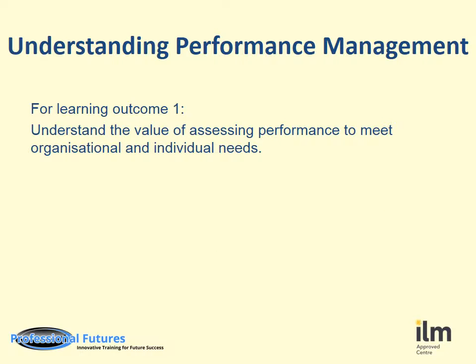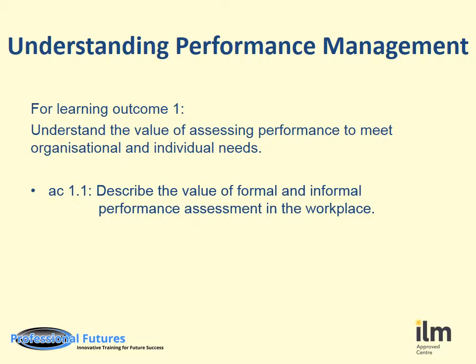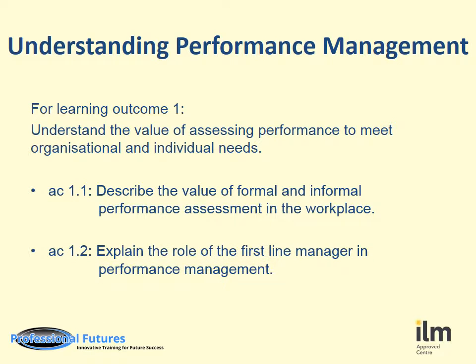Learning outcome 1, which is understand the value of assessing performance to meet organisational and individual needs, is split into 2 assessment criteria. Assessment criteria 1.1 asks you to describe the value of formal and informal performance assessment in the workplace, whilst assessment criteria 1.2 asks you to explain the role of the first-line manager in performance management.